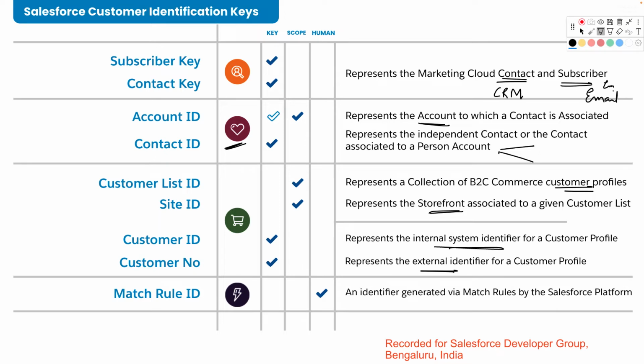So point here is, you can actually go in and link subscriber key and contact ID together, and this contact ID could become the subscriber key for MC Connect. Similarly, you can connect the customer list ID and customer number, like the external identifier, as well as connect site ID and customer ID, and you can pair scope and profile IDs for REST API integrations.